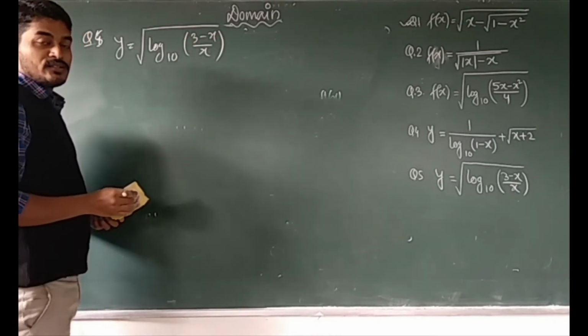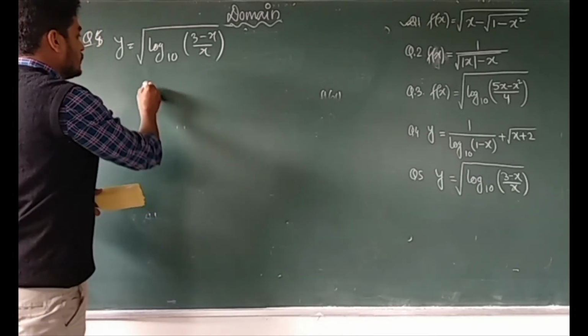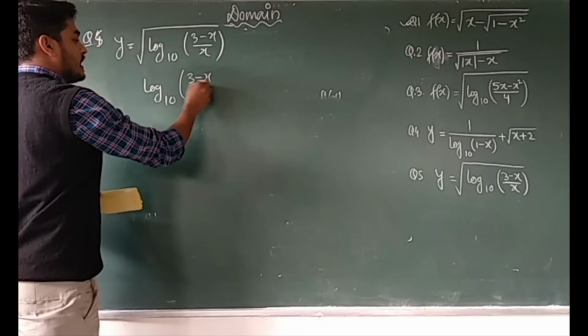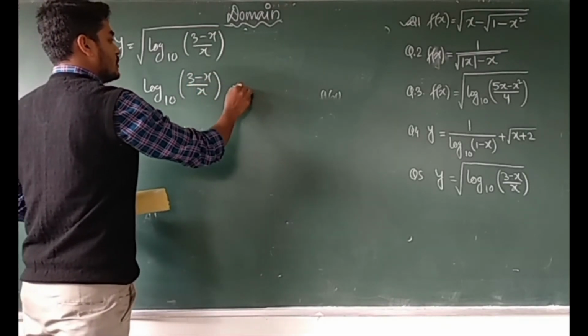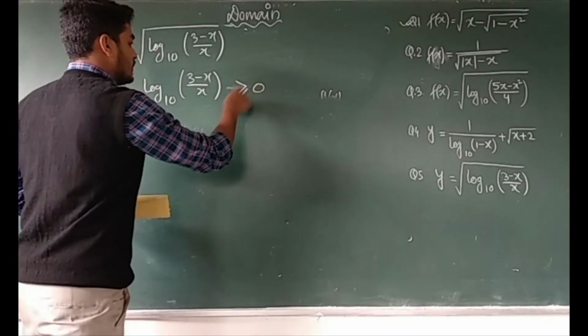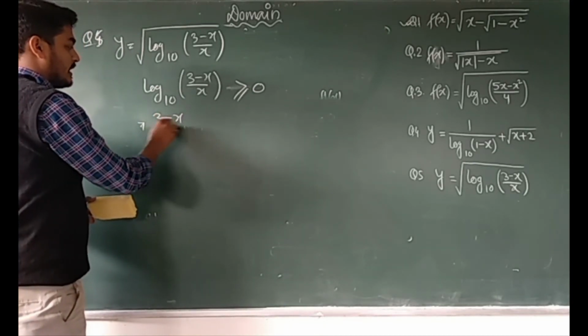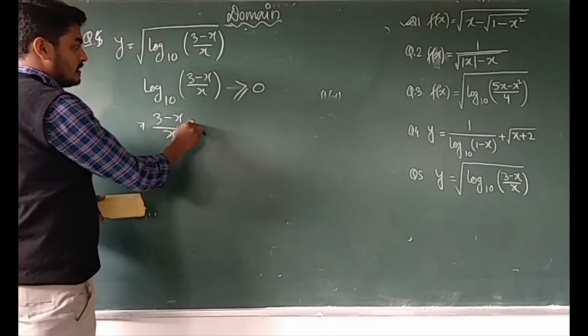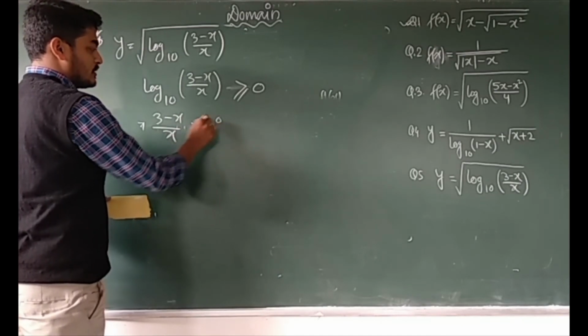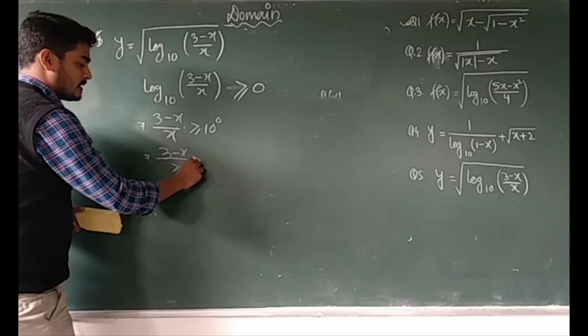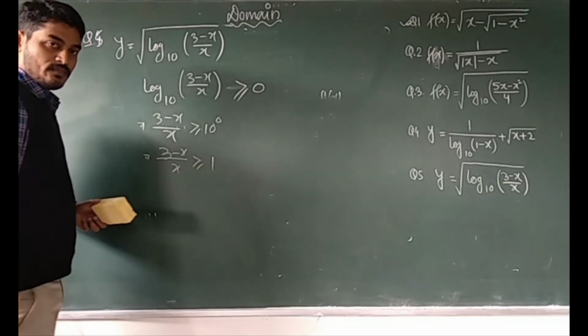Same way, the function lies under the square root, so log base 10 of (3 minus x by x) should be greater than or equal to 0. This implies (3 minus x) by x is greater than or equal to 10 to the power 0, so (3 minus x) by x is greater than or equal to 1.